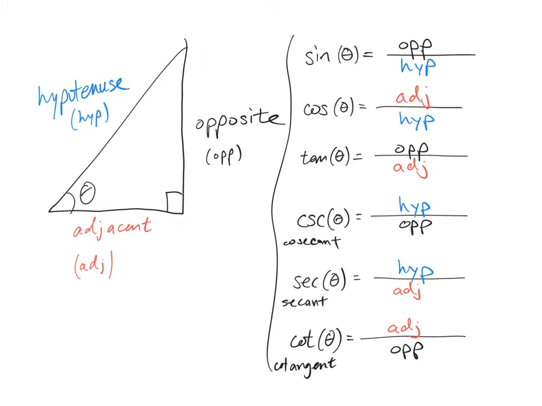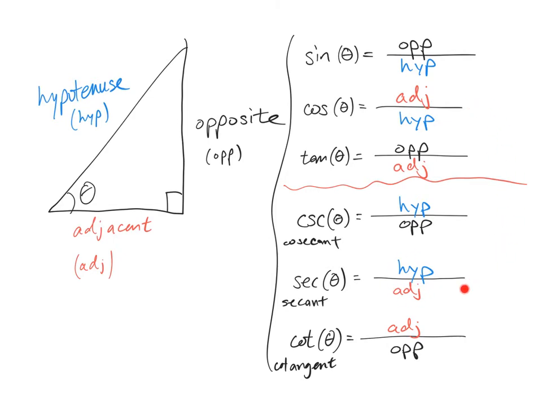And you might notice something over here on the right side of the screen, being that the sine of theta is opposite over hypotenuse. Well, if we just reciprocate this fraction, we end up getting the cosecant of theta. So sine and cosecant are reciprocals of each other. The same thing with cosine and secant.